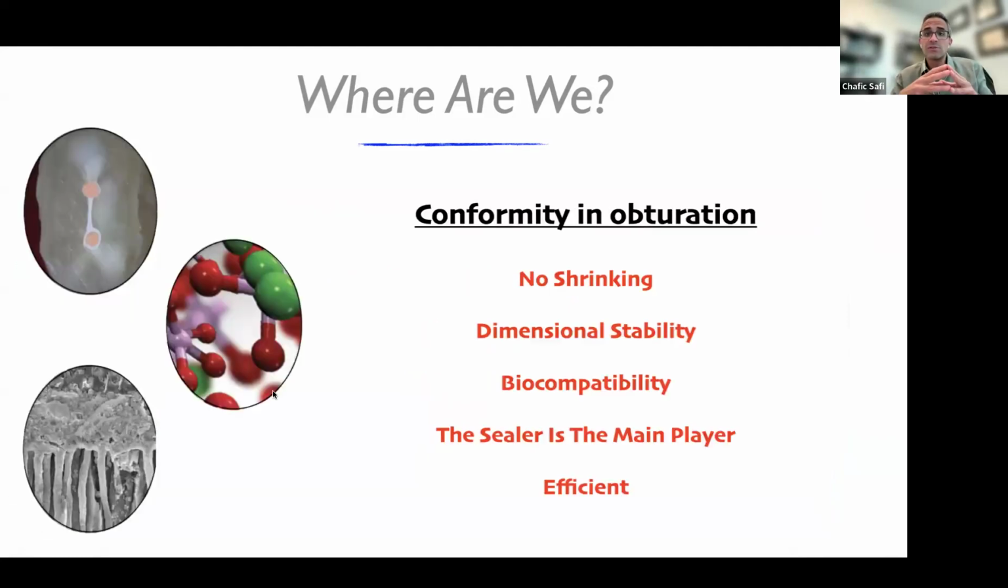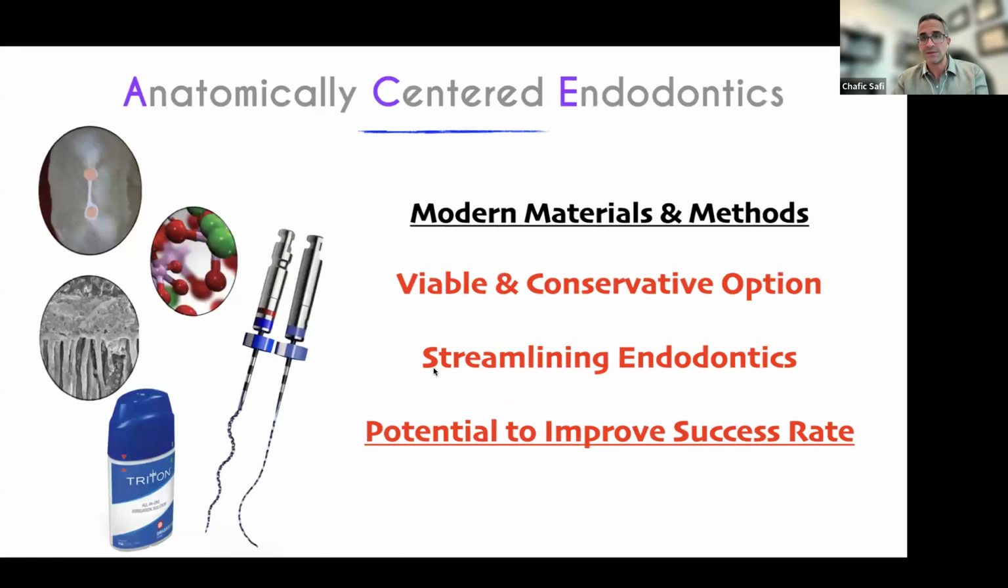And we are also adapting our instrumentation techniques and our obturation techniques to the root canal system anatomy, thanks to the advancement of technology in bioceramic sealer, where we have a sealer that is a main player that really can flow, that can be injected into the root canal system in an efficient manner, and is a biocompatible material that will not shrink and has dimensional stability.